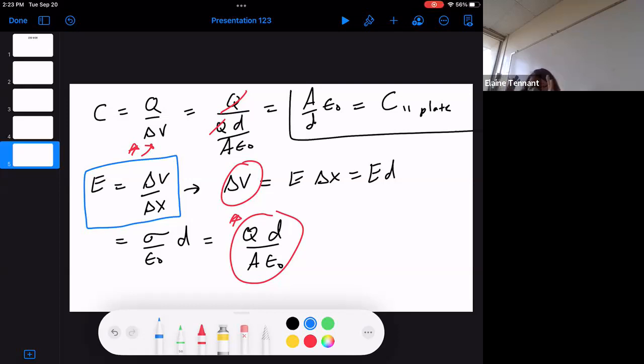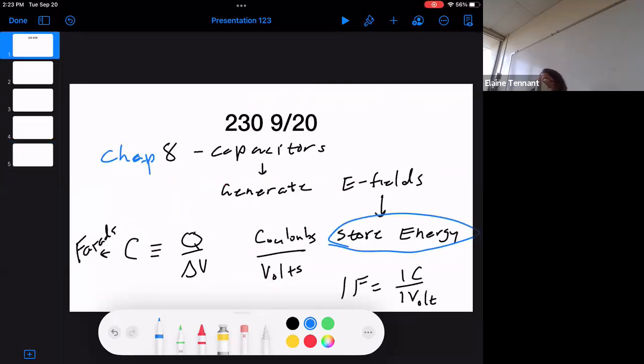But when you bring them closer together, you drop this delta X, and so you have the same difference in potential, but now over a much smaller length. So your electric field goes up. And remember, we started this saying that electric fields store energy. So the closer you can get those plates together, the more energy you have stored on them.